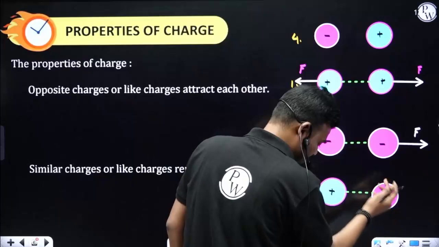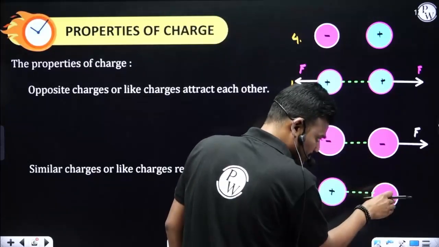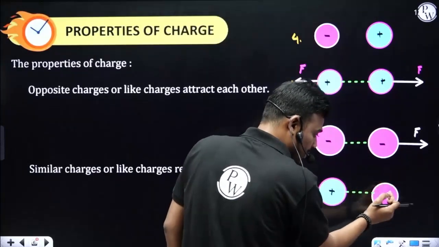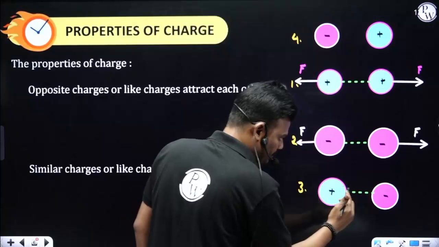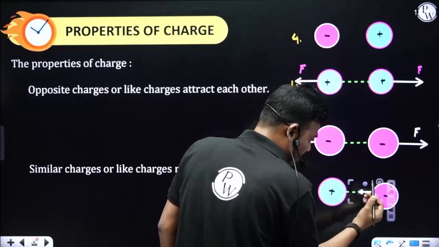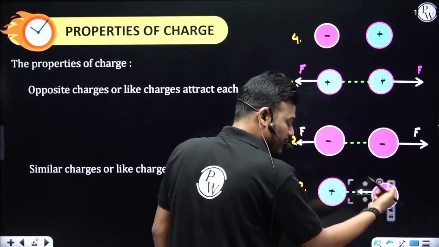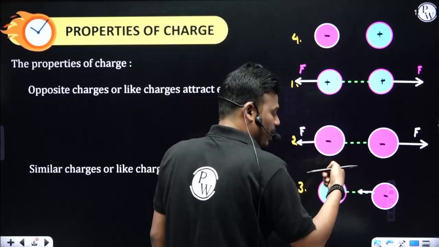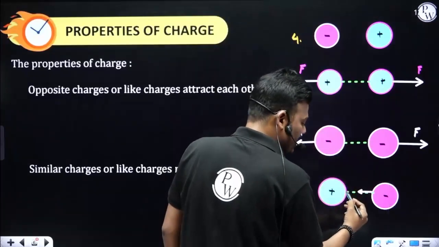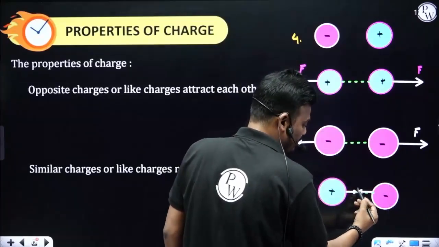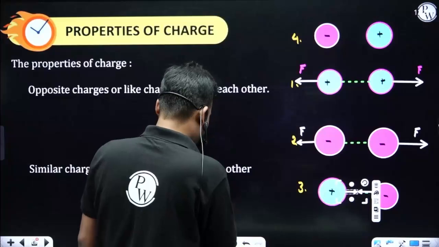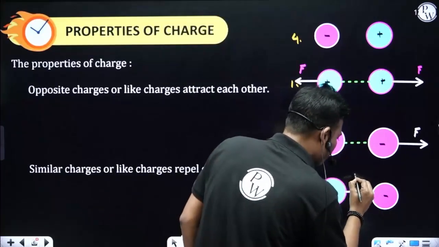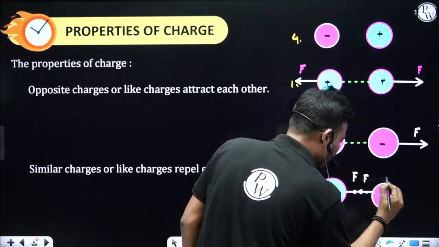So this charge exerts a force on this negative charged particle and tries to bring it towards itself. At the same time, this charged particle exerts a force on the other and tries to move it towards itself. So here you can consider this is the force of attraction.